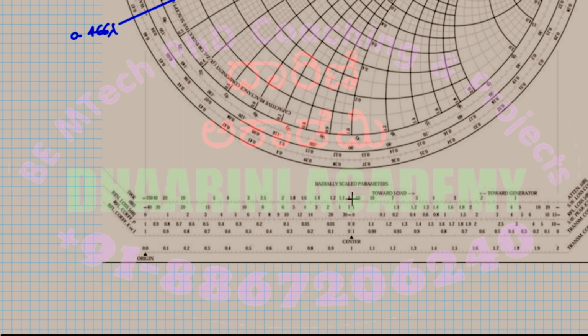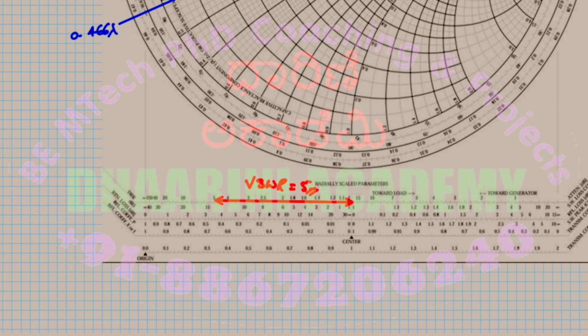I think I'm going to get a value somewhere here. This much, I guess. So roughly this is the VSWR that you get, maybe 5 point something. I'll just show 5.